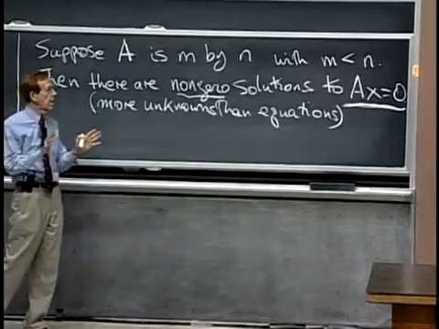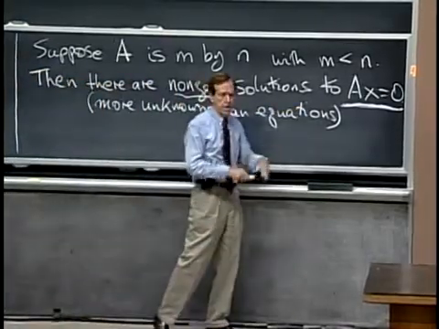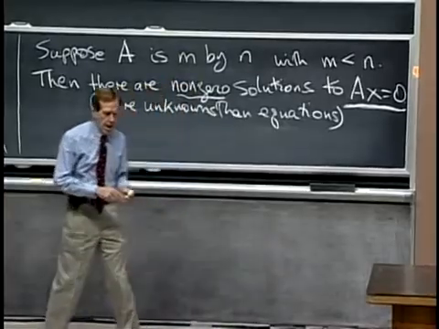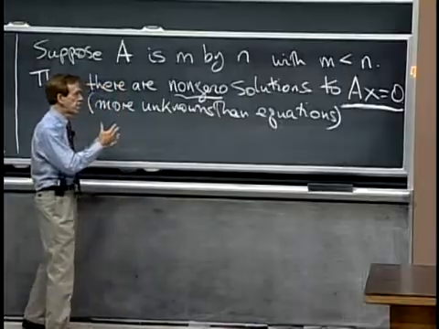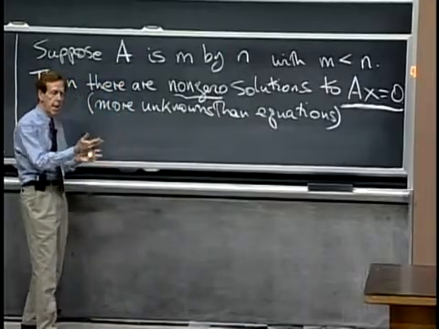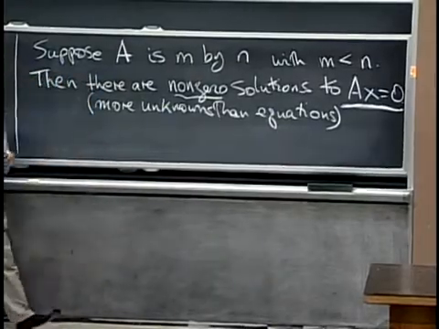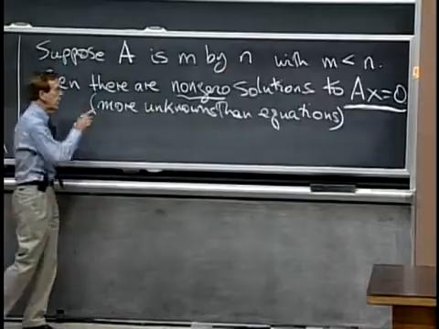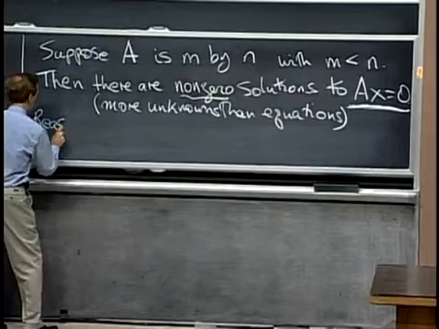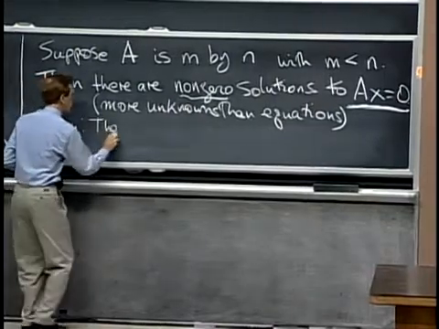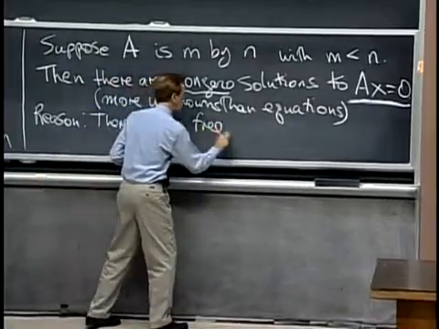But we have a clear algorithm which starts with a system and does elimination, gets the thing into an echelon form with some pivots and pivot columns, and possibly some free columns that don't have pivots. And the point is here there will be some free columns. The reason is there will be free variables, at least one.